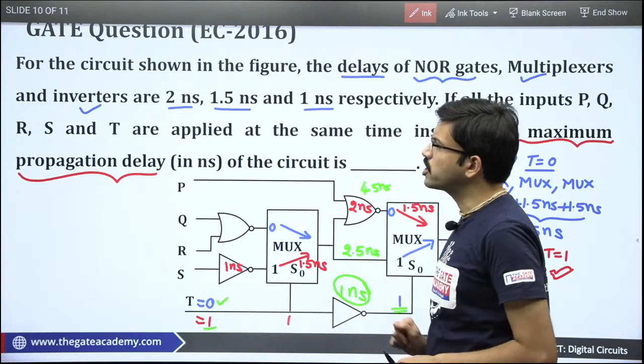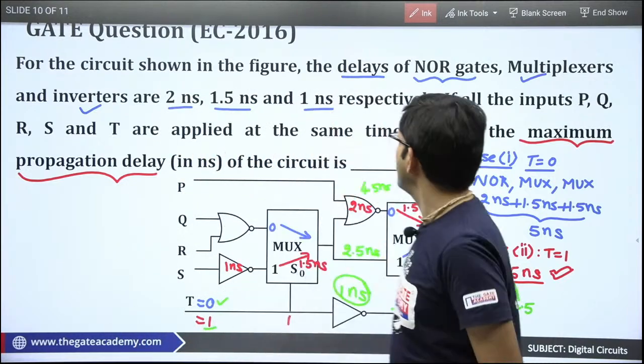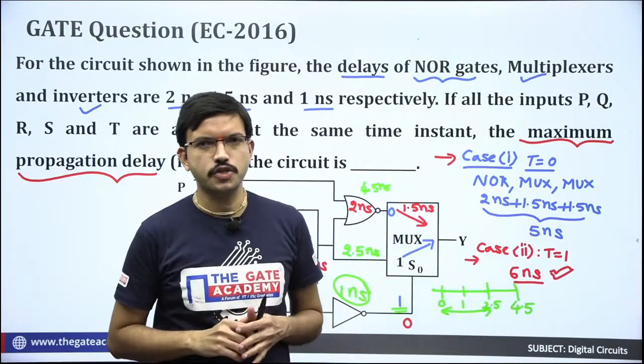With this we have completed the fourth chapter, that is combinational circuits. Now let us move on to the next chapter, that is sequential circuits.